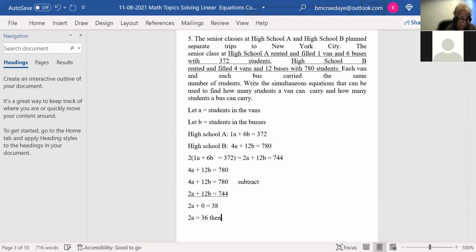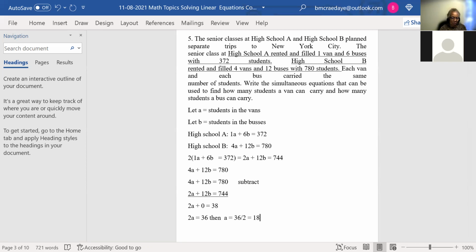No, Maureen. 2A, 2 times some number is 36. What is that number? 18. That's right, 18. Then A is 36 divided by 2, which is equal to 18. So the students in the van is 18.